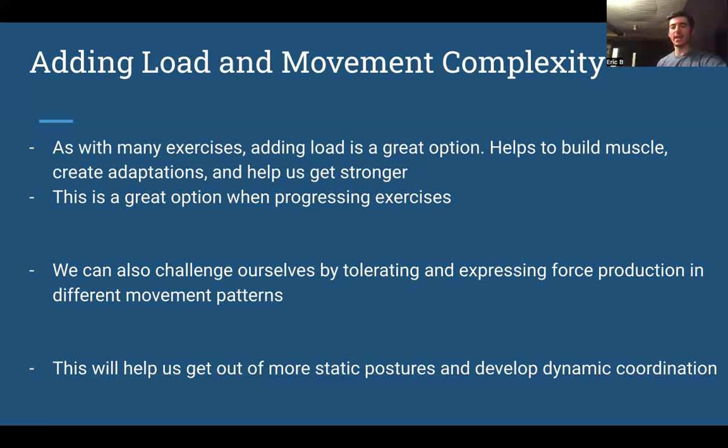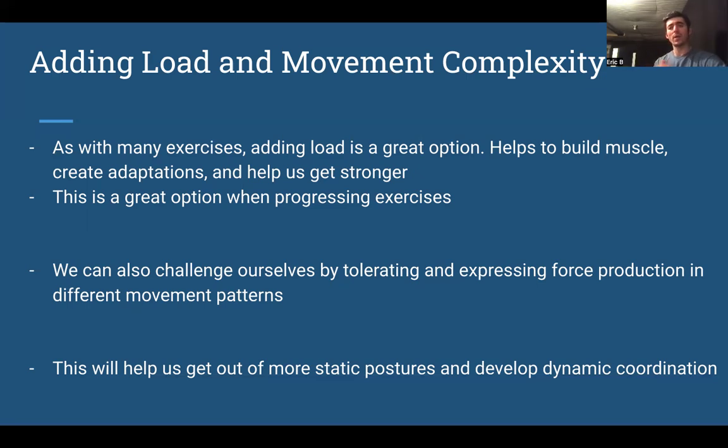And we want to try and get out of just that one plane of motion. So let's try working more in the frontal plane, where we're working on our adductors with, let's say, a Copenhagen plank, or working in the transverse plane, where we're adding in some rotation. There are different ways that we can express and tolerate different forces to increase our capacity within those different movement planes, and then adding in different variables such as speed and rotation.